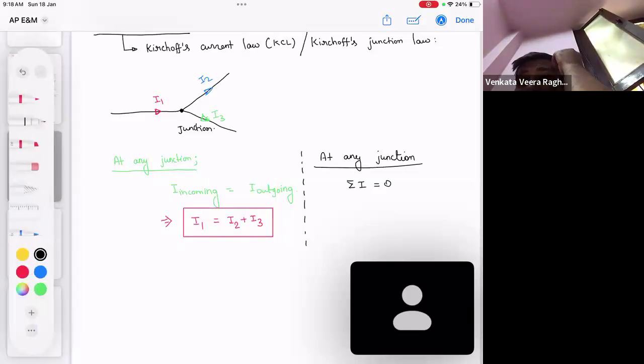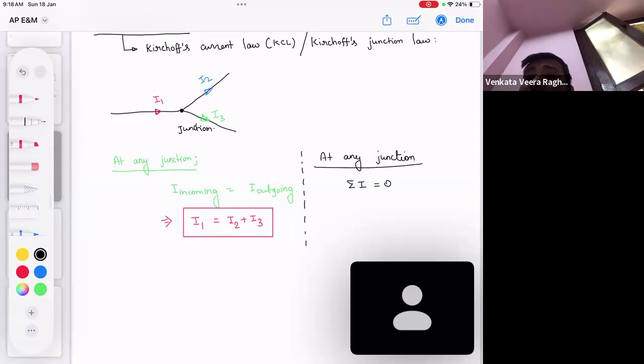Which current will be positive and which negative? The sign of current at a junction is decided by whether the current is incoming or outgoing.